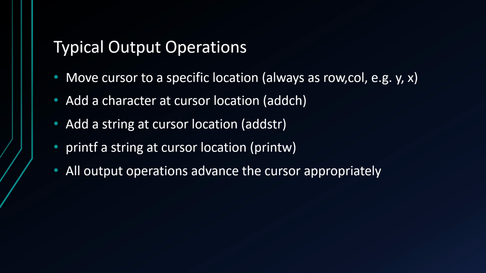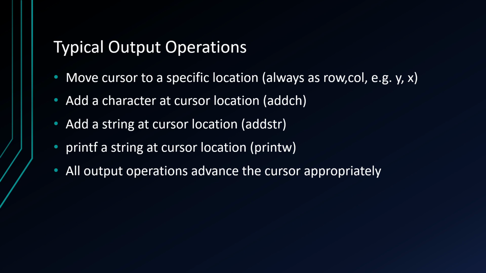Your typical output operations are going to do things like move the cursor to a specific location and then put some text there or move some text around, or various things. For output, you're going to be adding a single character or adding a string or doing a printf style at the cursor location.